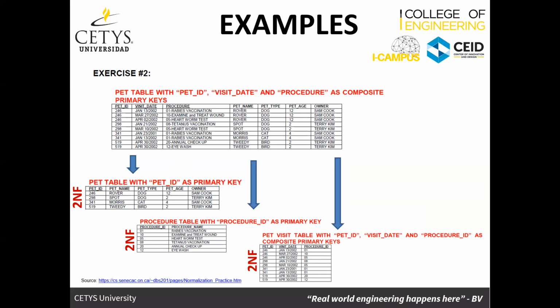And then we're going to have the pet visit table, or the consultation table, that's going to give us the composite key of the pet ID, the visit date, and the procedure. And that's going to give us the information of the specific visit for the pet. So now we've got those 3 tables.